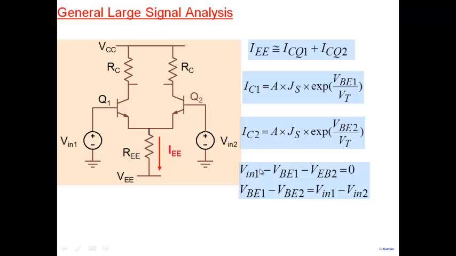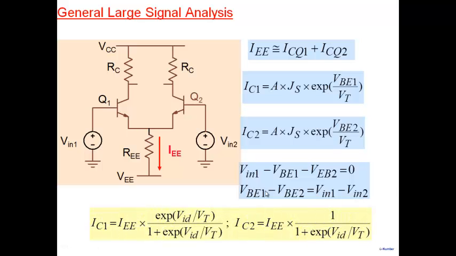If I write a KVL, there's a Vin2 missing here. So KVL will give us Vin1 minus VBE1 minus VBE2 minus Vin2 equal to 0, which rearranges in this form. VBE1 minus VBE2 is equal to Vin1 minus Vin2. That's how the equation rearranges itself.